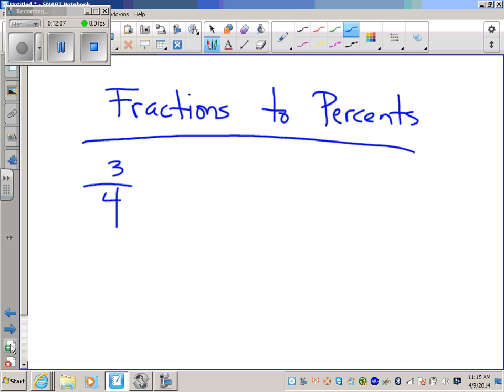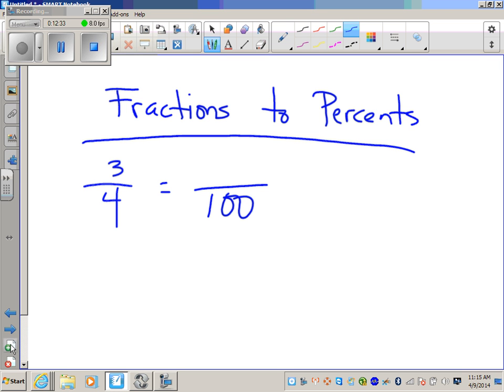Good. It was 100. So all I have to do to put a fraction into a percent is compare it to another fraction that has that magic number on the bottom.